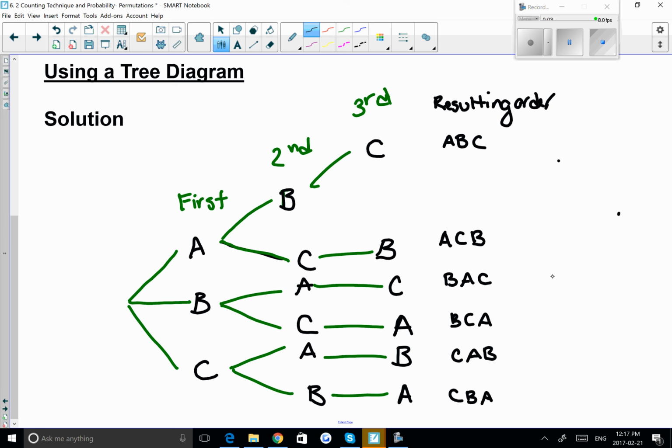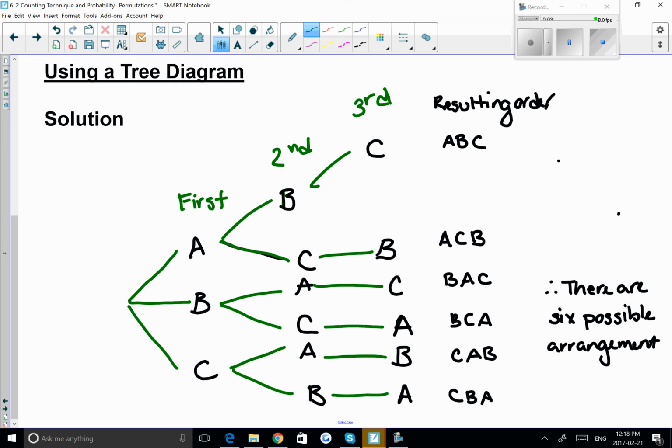So there's six possible arrangements. So that's great. We drew a tree diagram and we managed to get the number of possibilities. We know there's 6 different possibilities.